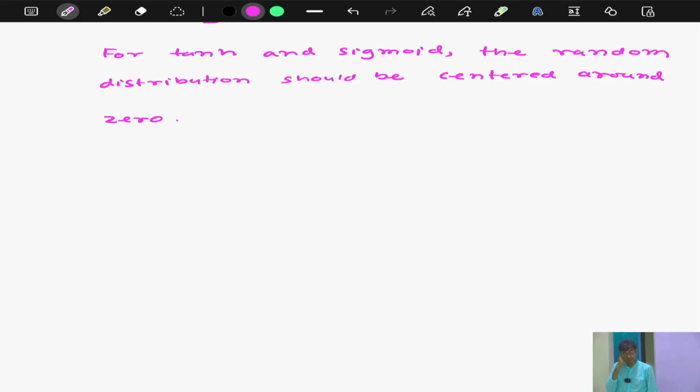Make sense? At least for tan hyperbolic I am saying. Okay. Make sense? Now, what does 0 do? It does two things, by the way.